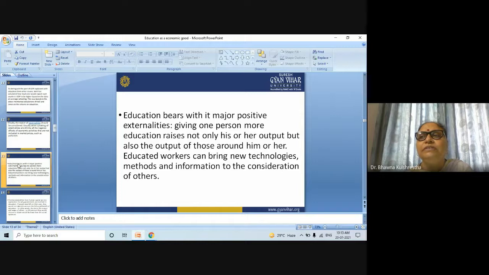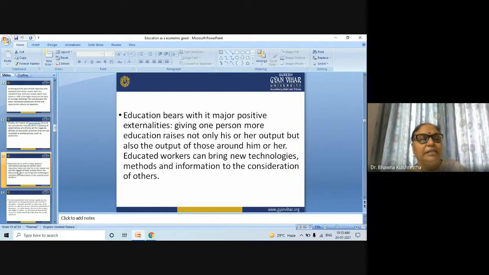The positive externalities of education include the effects of personal networks and the roles educated workers play in them.